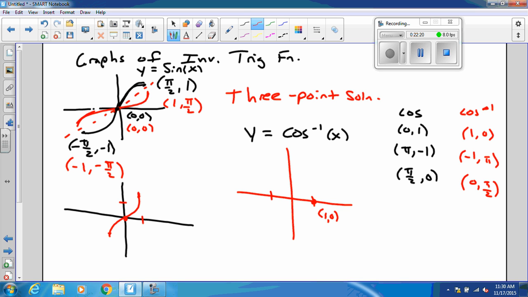I go to negative 1, comma pi. So here's negative 1. I go all the way up to pi. And 0 pi over 2 is going to put me right here. Now I've got 3 points, and I can connect them with a smooth curve. And I've got my graph of inverse cosine. That's a strange looking graph, isn't it?